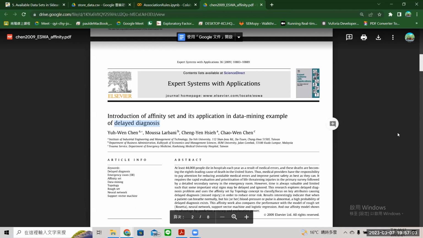The symptoms become more severe, so he will be sent into the intensive care unit, ICU. So we try to find the gap and what we missed in diagnosis, to try to save the lives of patients. That's the goal of the paper.